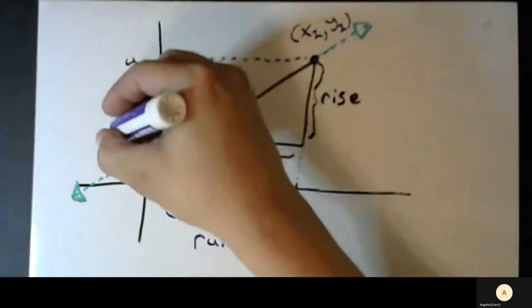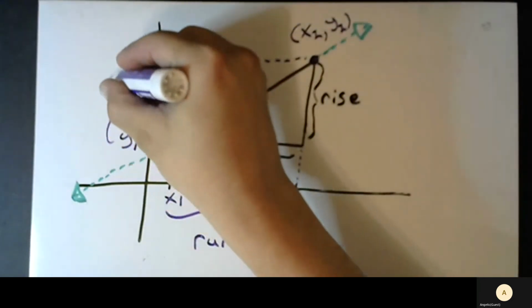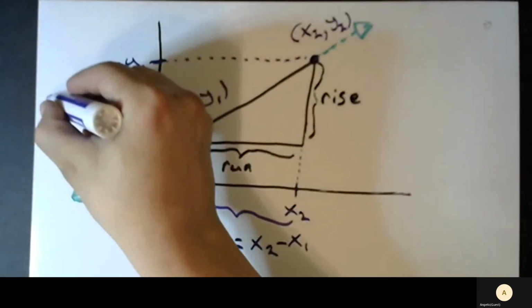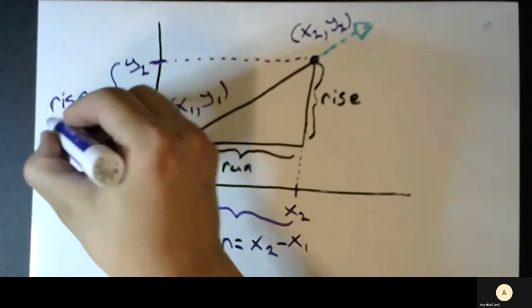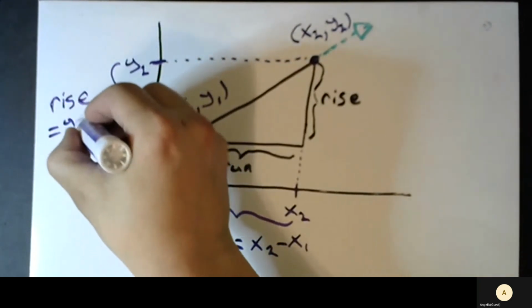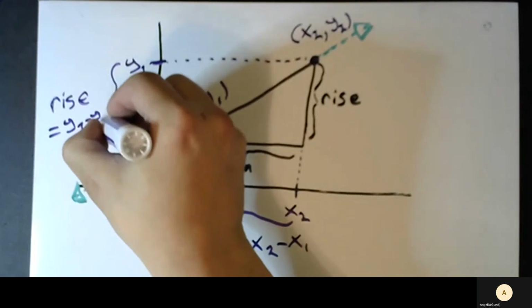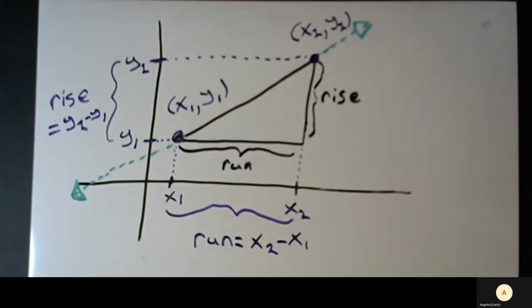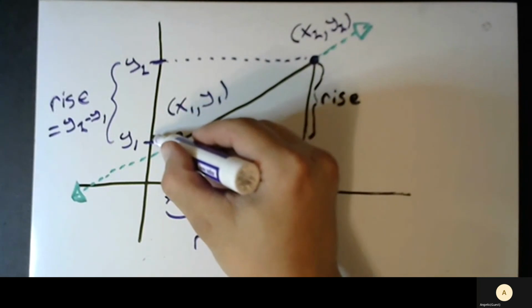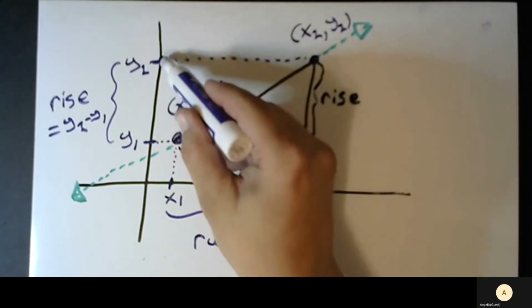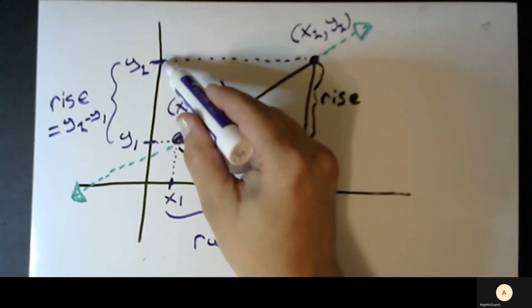Same thing for the rise. So if you're rock climbing and you're already 10 feet up and you need to get up to 30 feet to get to the top of the cliff.